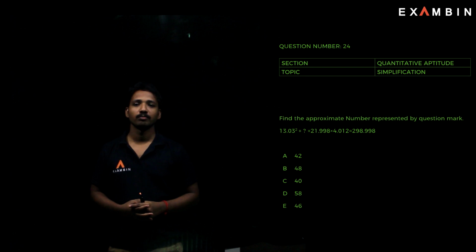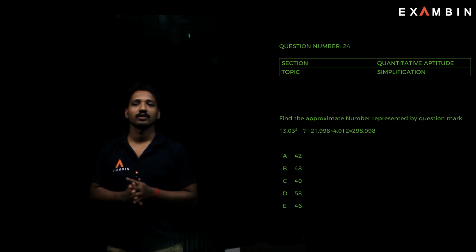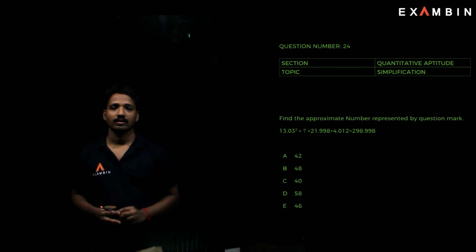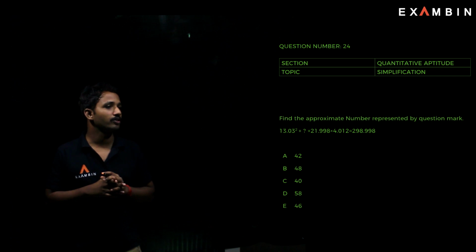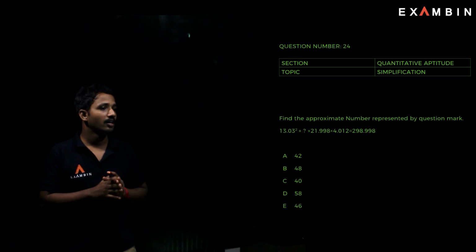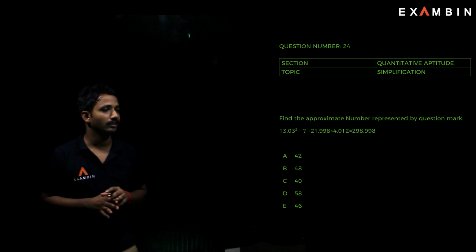Now we will see a problem based on simplification that was asked in SBI PO Prelims 2017 in the last week of April. The question is 13.03 square plus x plus 21.998 into 4.012 is equal to 298.998.